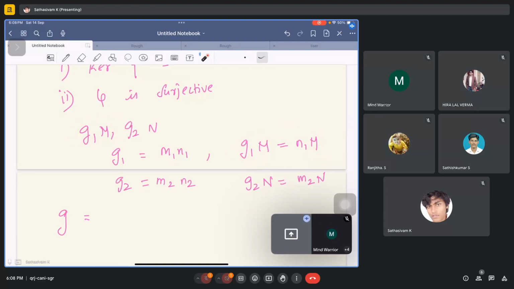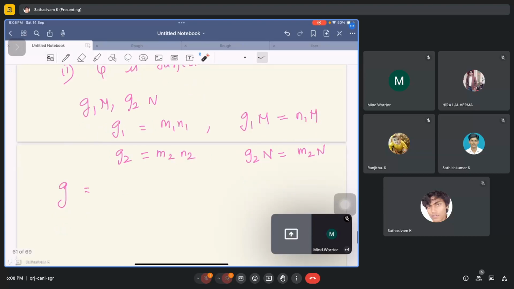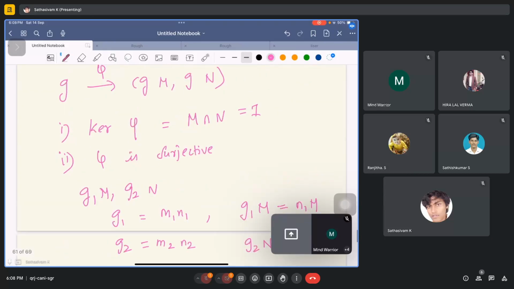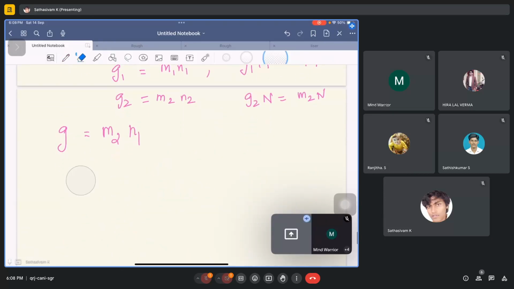So these two cosets are basically the same. So from here you take g as n1m2. Okay, take g as, let's say, m2n1. Then you compute. Let me call this map phi, right? Compute phi of g.